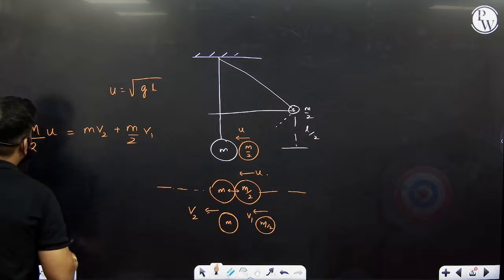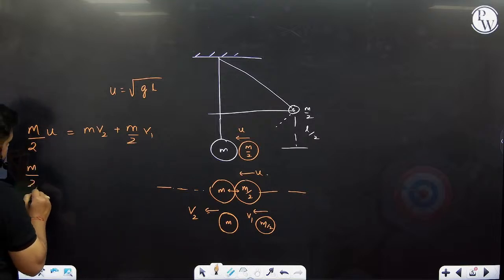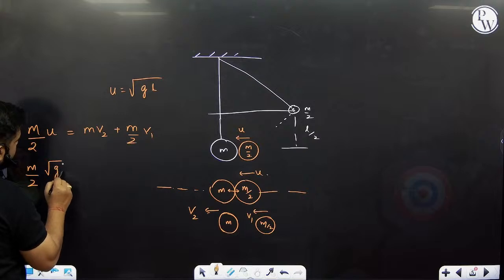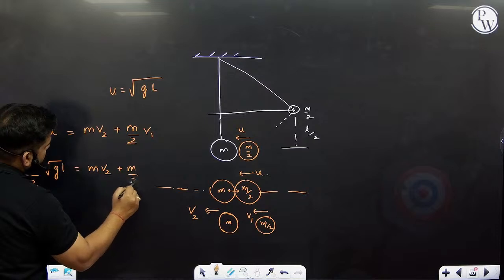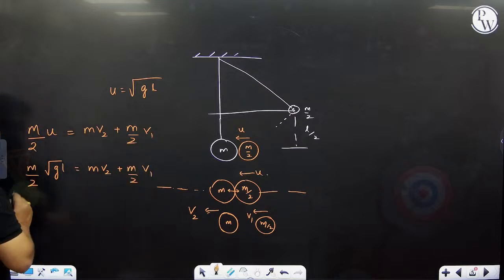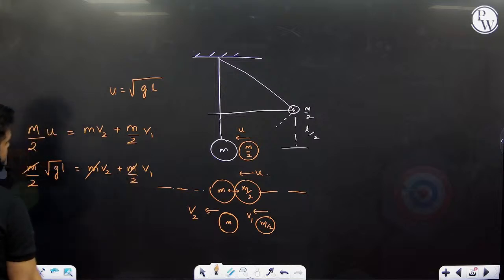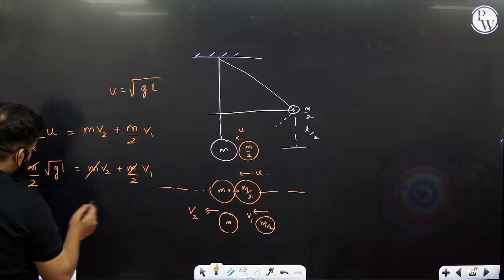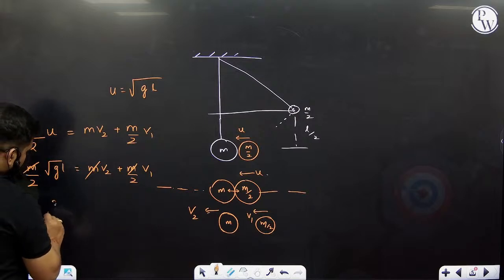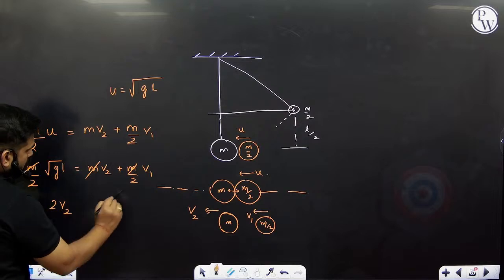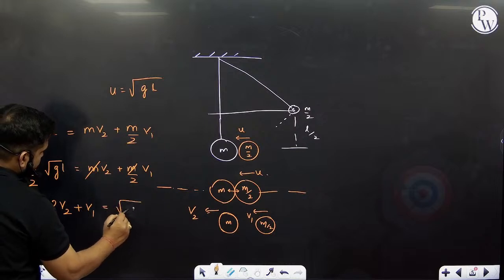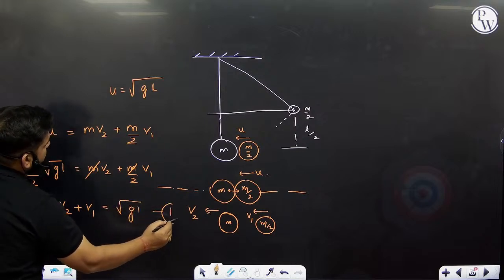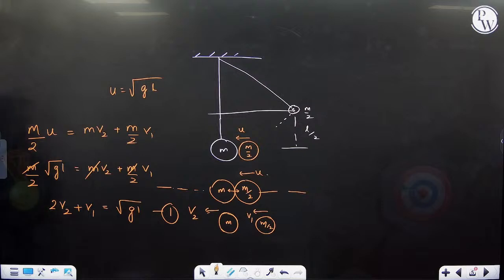And we know u is root gl, so root gl is equal to m times v2 plus m by 2 times v1. This m gets cancelled out, and we get 2v2 plus v1 is equal to root gl. Let's call this equation number 1.